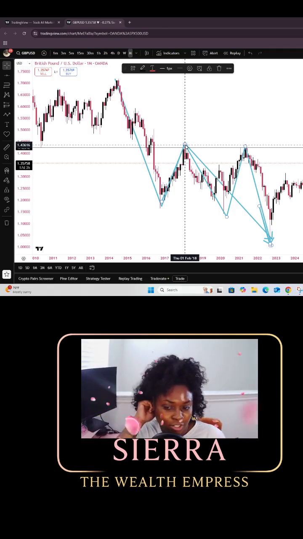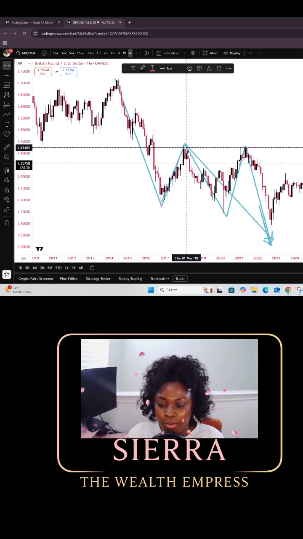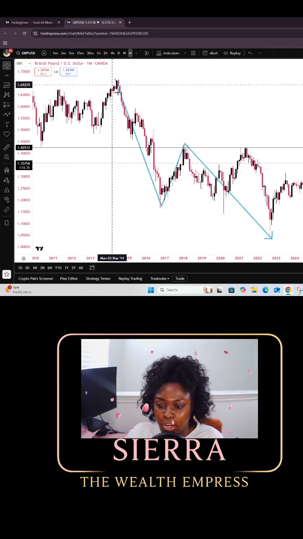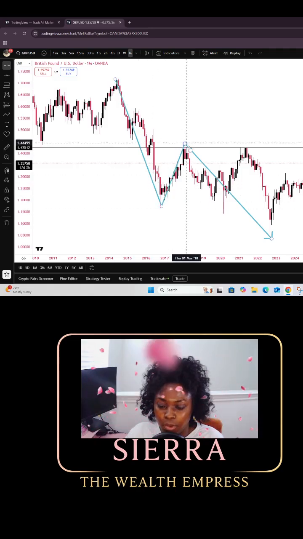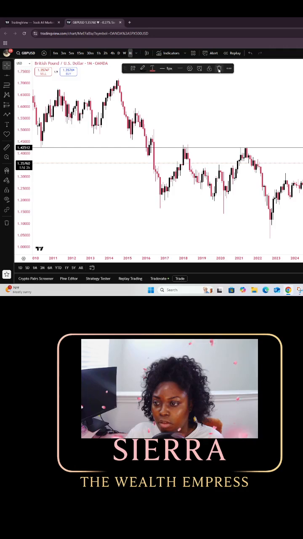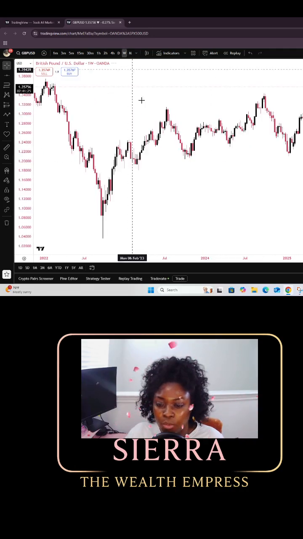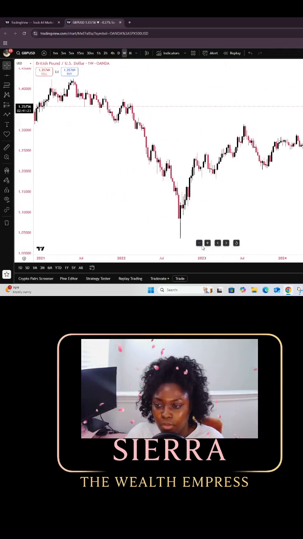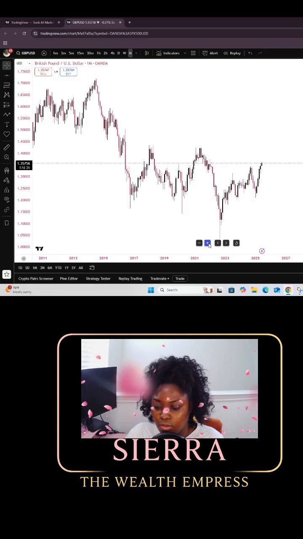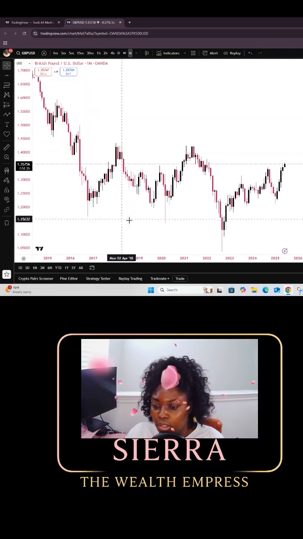Okay, we're going over structure. This right here is our external move. Now we can come down to the weekly. Well, what we're going to do is mark up our monthly structure first.